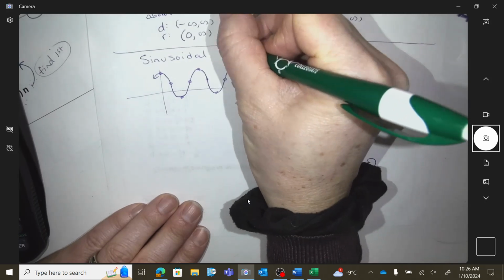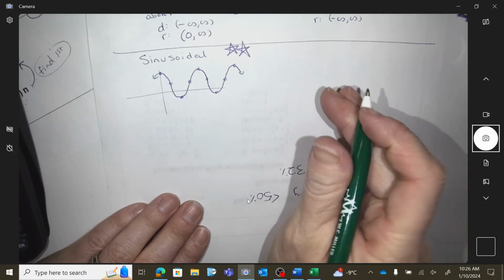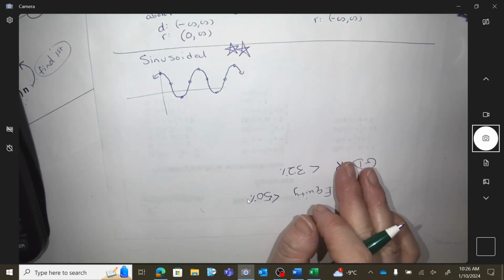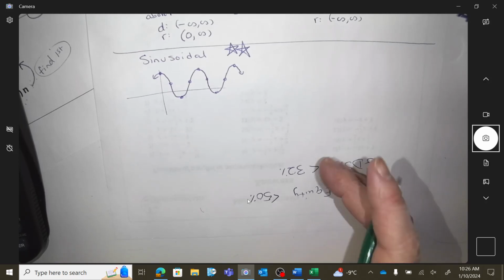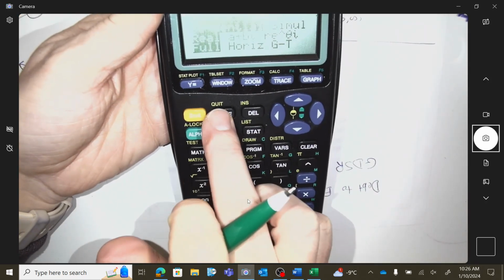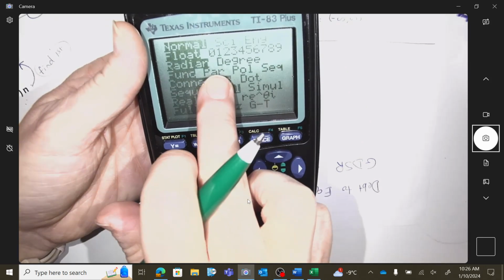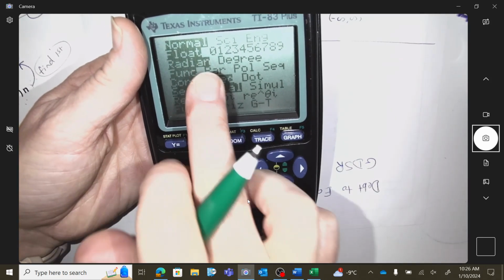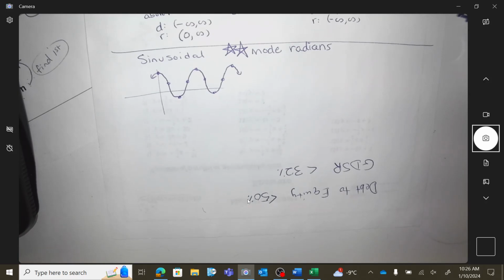And we need to put a star on your cheat sheet here. There's something important when you're doing sinusoidal equations and you're trying to graph them. Your mode. Do you remember that? So you have this button called mode. When you do this, it has to be in radians. Well, depending on the equation, but radians, when you're working with like all that stat edit stuff, radian mode.